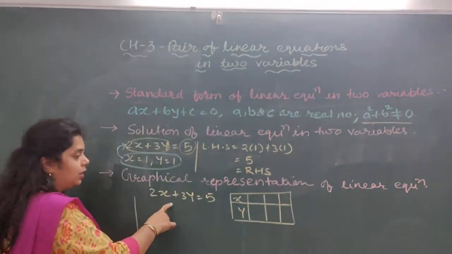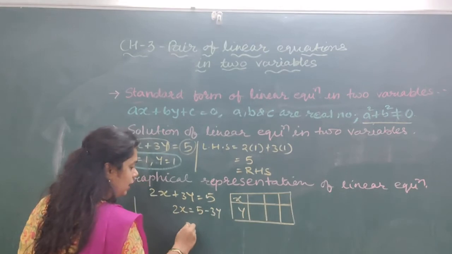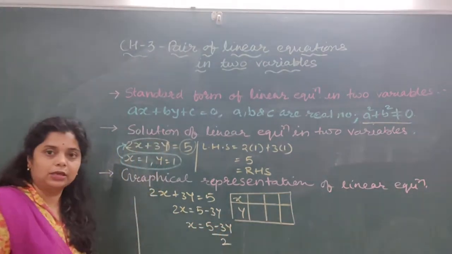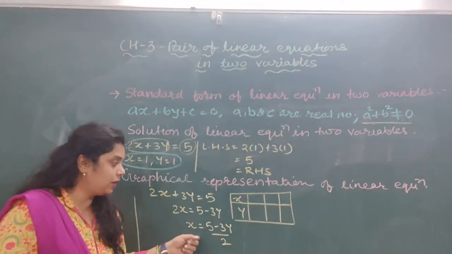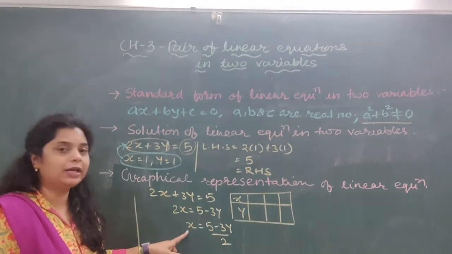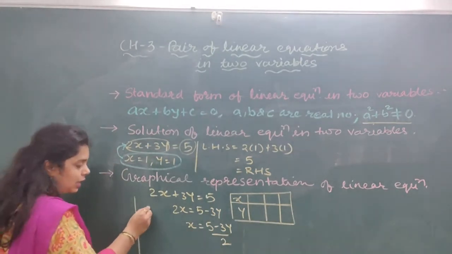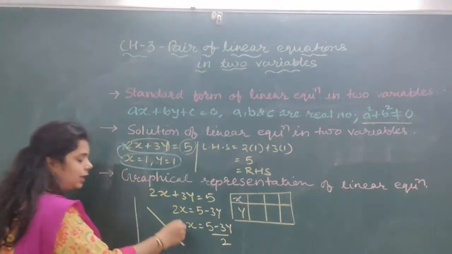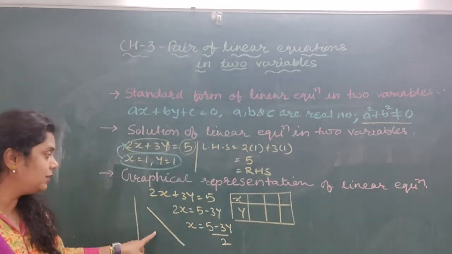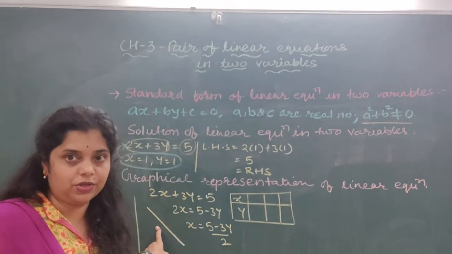It is 2x is equal to 5 minus 3y, and x is equal to (5 minus 3y) by 2. Like this we have done in 9th standard. Substitute a value of y, accordingly you will get the value of x. So by this way, if we draw a graph, you will see that we get a straight line, and that straight line indicates that it is a linear equation.